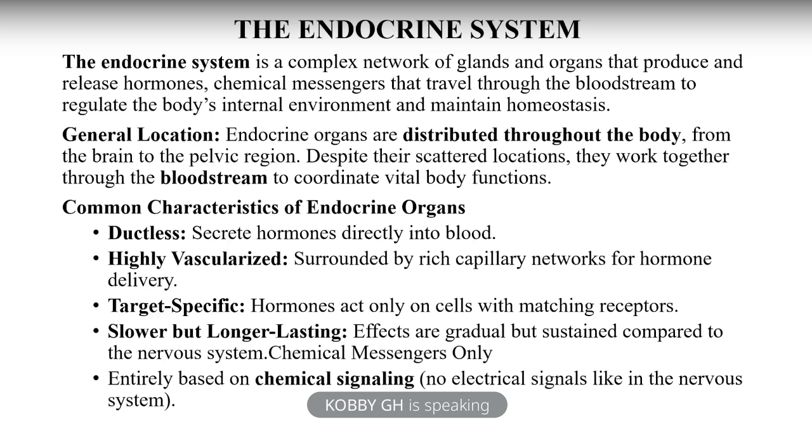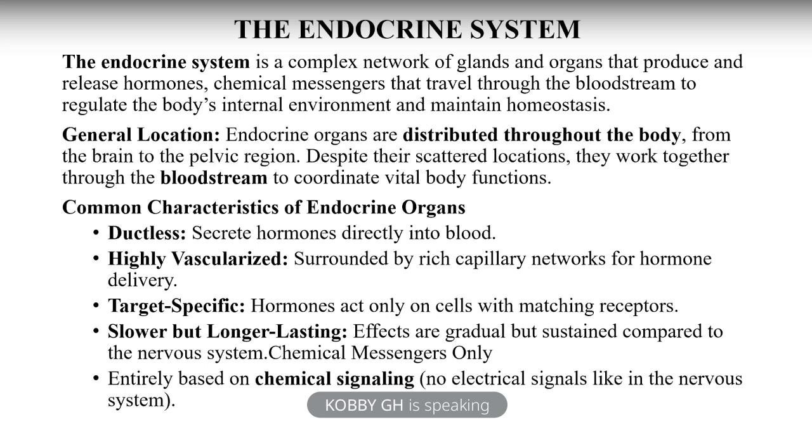And the other word is target specific. That simply means that every hormone has a target. For example, if a hormone is responsible for metabolism, that hormone has a target in the body.